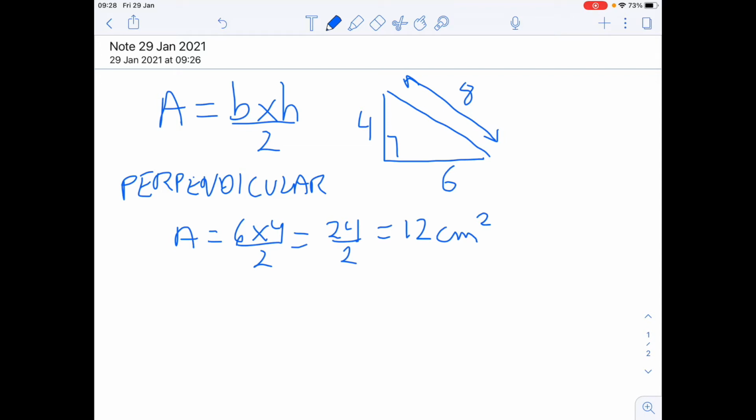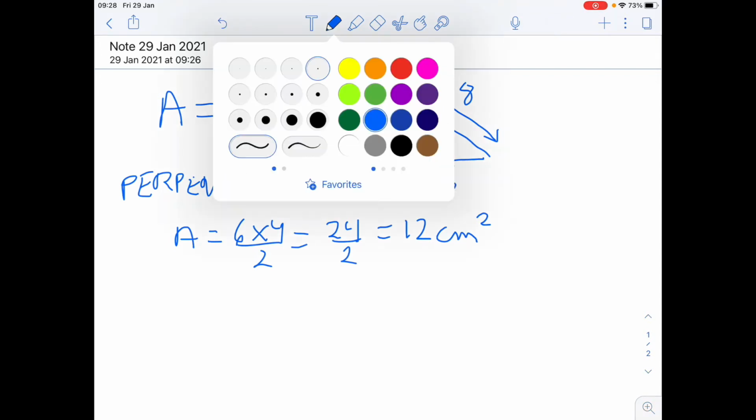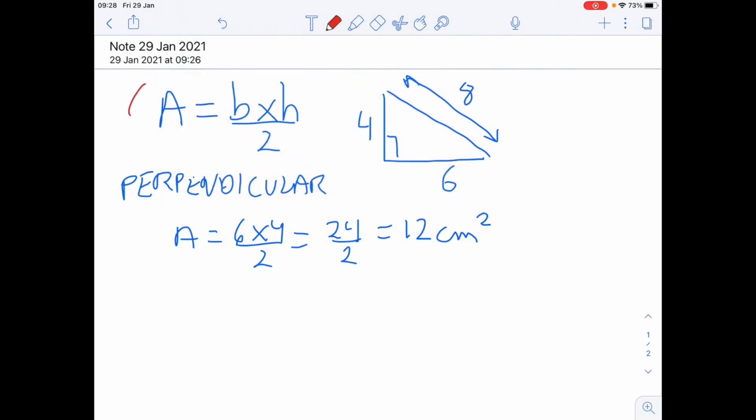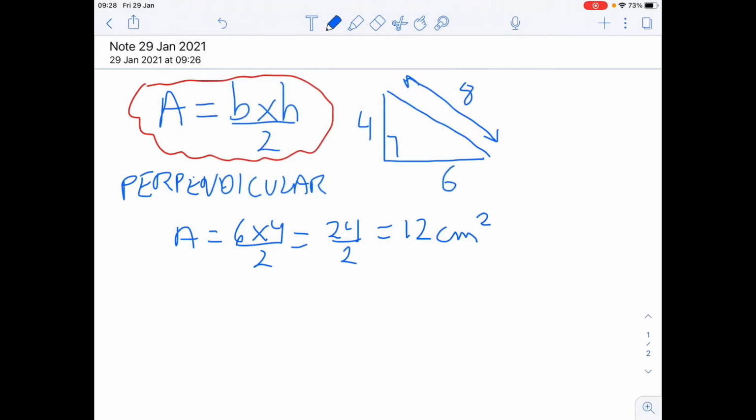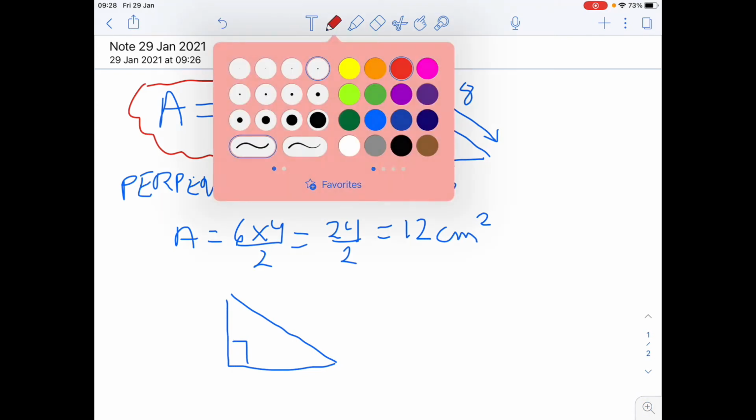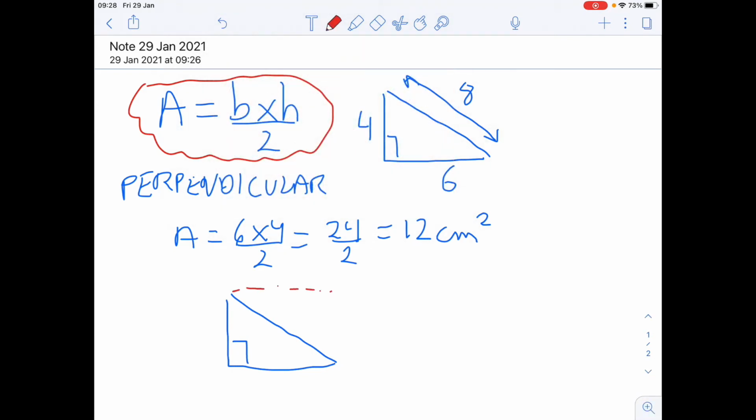Now, the reason why the formula for the area of a triangle is base times height divided by 2, and that you need to know, is because any triangle that you can draw comes from half a rectangle. So if I had that one there, I can actually make a rectangle, can I not?